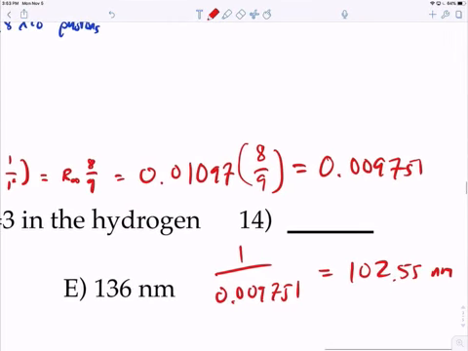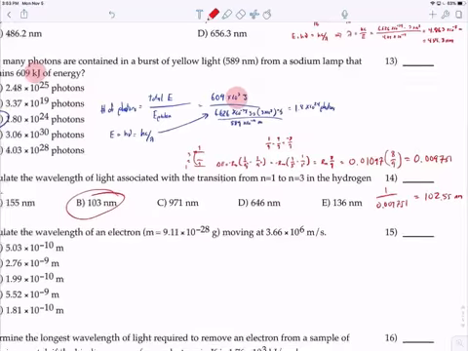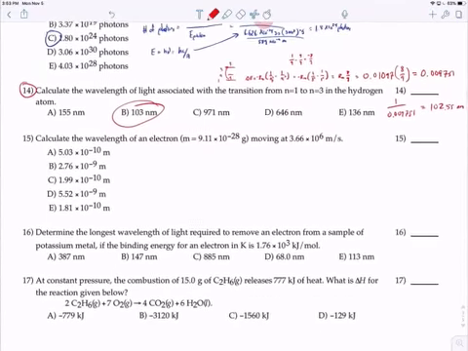And then using the easy way that I just previously showed you, 0.009751 inverse nanometers. So you flip it to get the nanometers, and you get 102.5 nanometers. So, questions with this one? Nope. Okay.